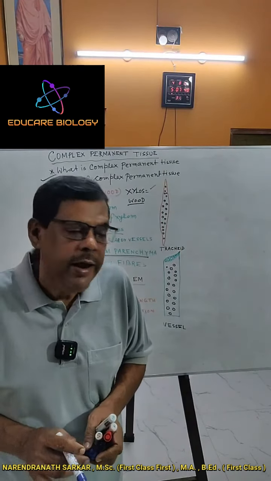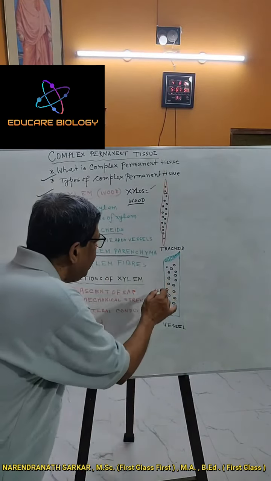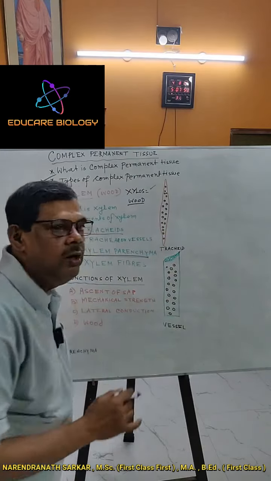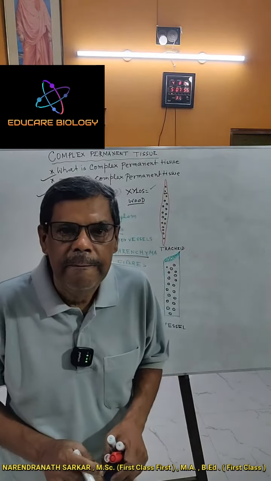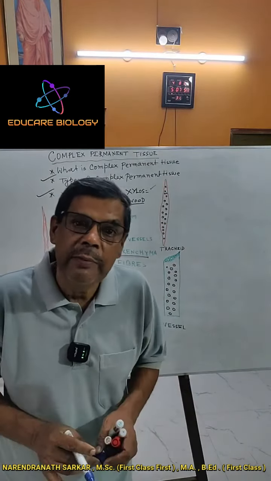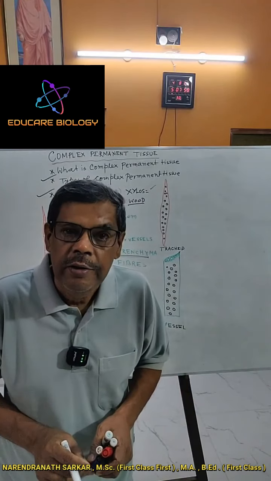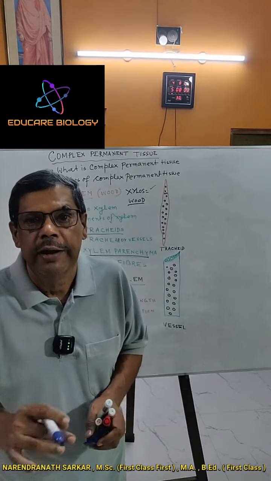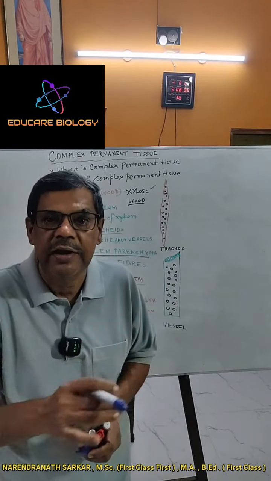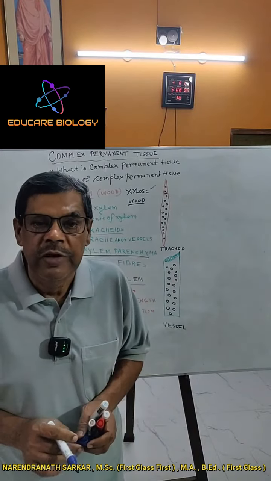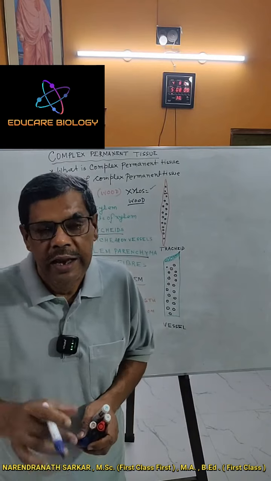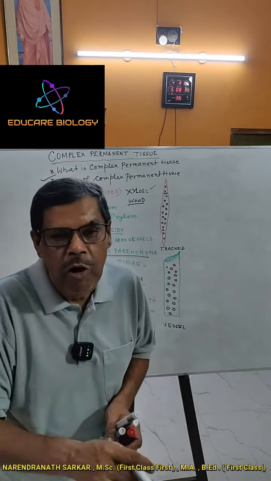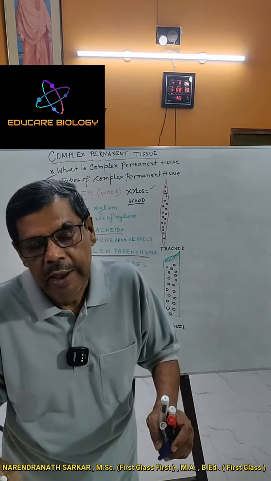Next, the cells of the trachea are ornamented, the same as tracheids: annular, spiral, reticular, scalariform and pitted.